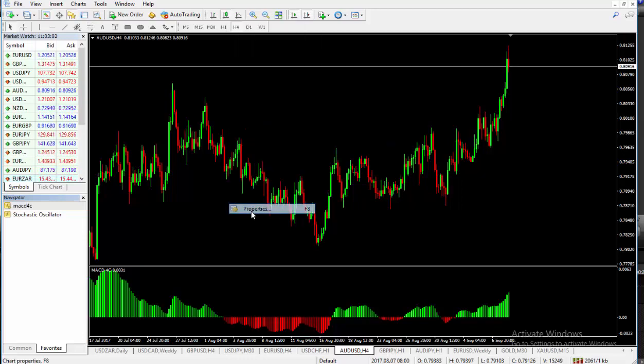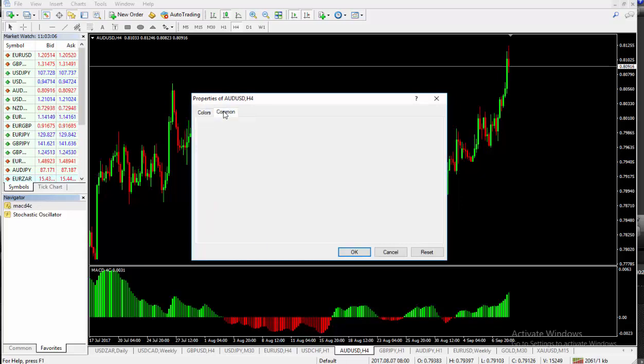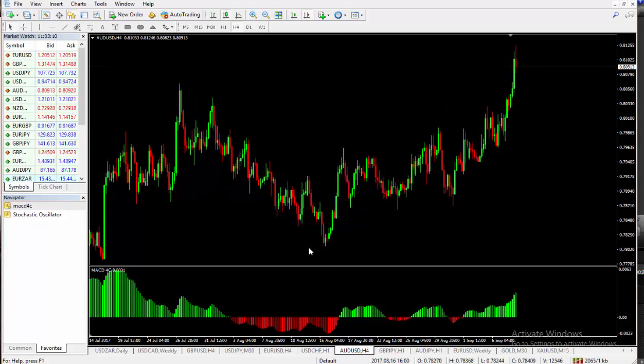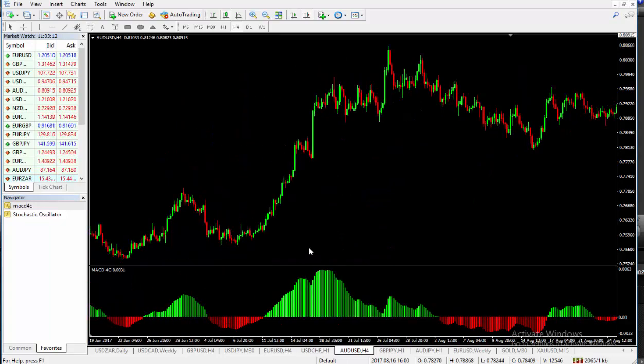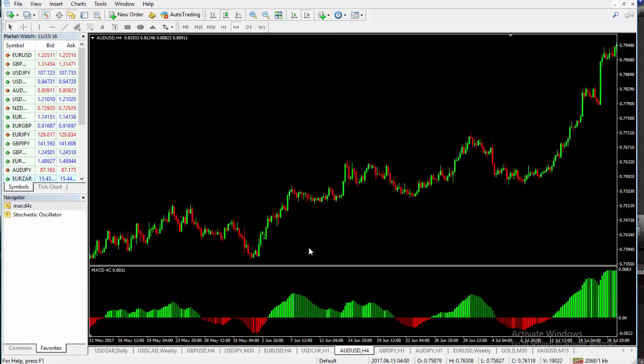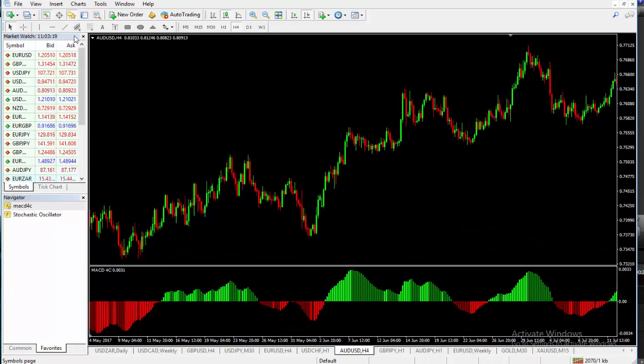Let's look for divergence on AUD USD. See there again, we have divergence, but price didn't go as expected. But we know where to take our profits when we have such things happening.